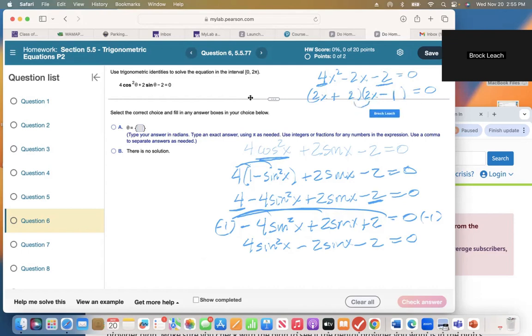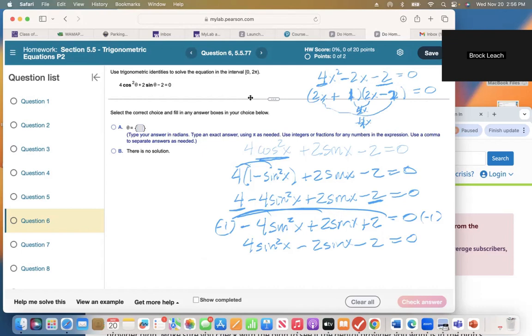This gives me 4x minus 2x, which would give me positive 2x, and I want negative 2x. So I need to put the 2 there and the 1 here. This would be positive 2 and negative 4, which gives me negative 2x.